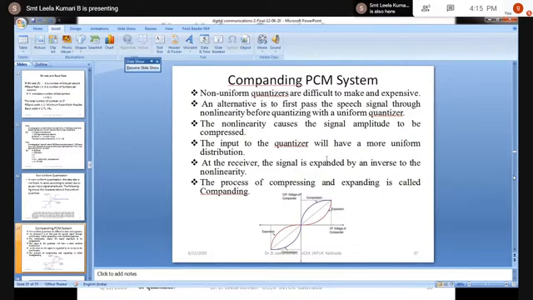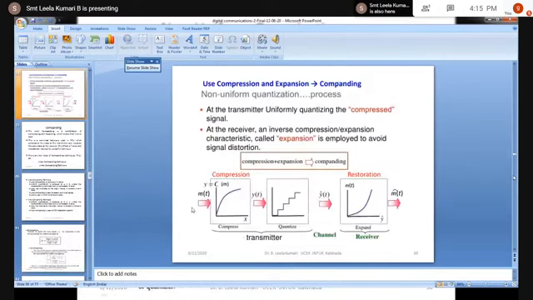At the receiver, the reversed operation is performed, which is called expansion, and this can be achieved by an expander. The compression of the signal at the transmitter and expansion at the receiver is called compounding. Compression plus expansion is called compounding.